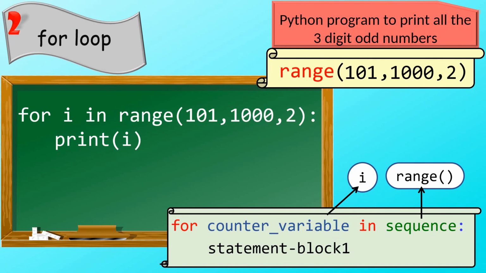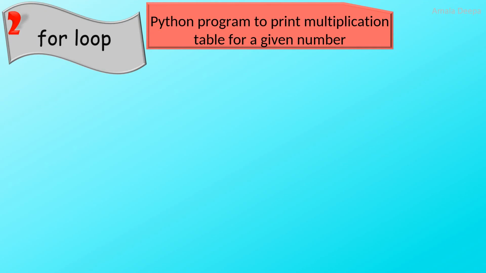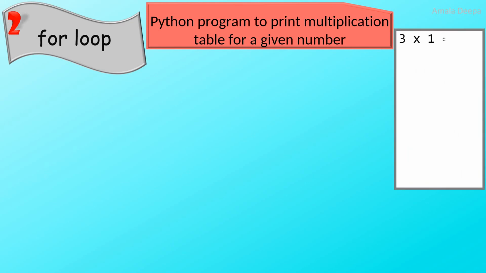Now we will move on to the next program. Python program to print multiplication table for a given number. So let us take a sample multiplication table of 3, which will look like this.